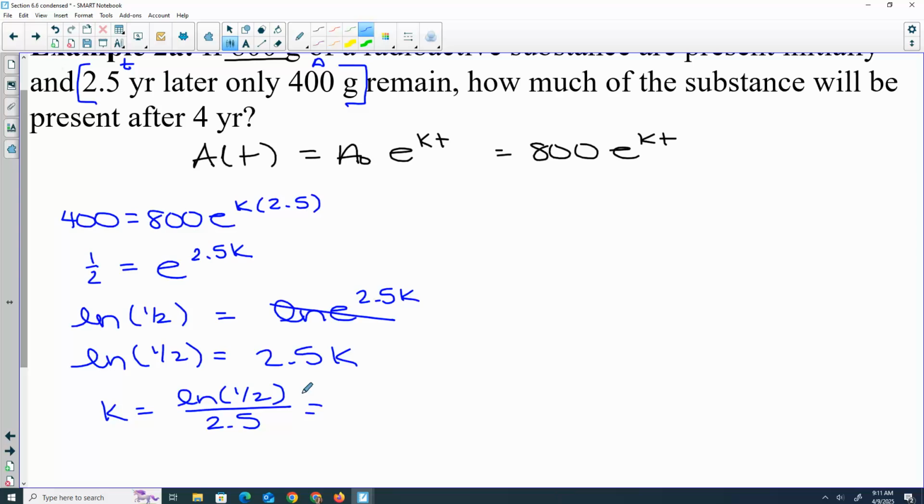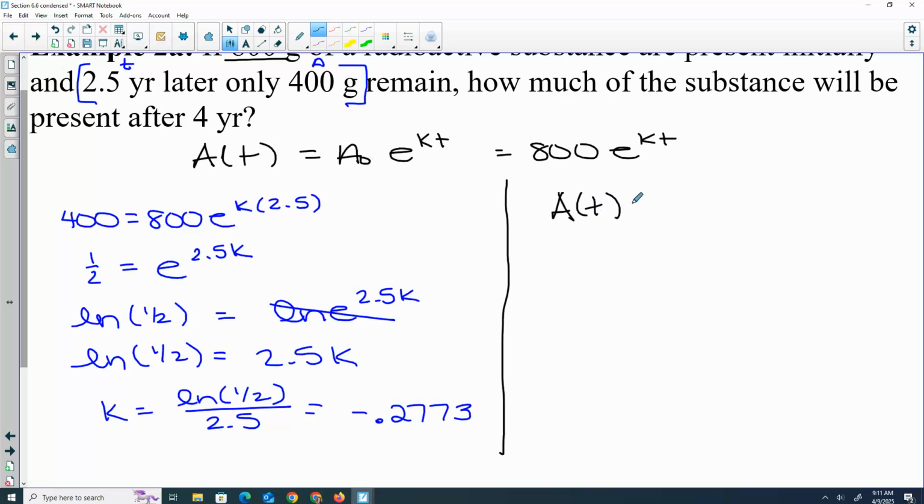Let's type this in. I'm usually using 3 to 4 decimal places. On your MathXL, it'll probably tell you how many at once. So when I do that, my k is negative 0.2773.